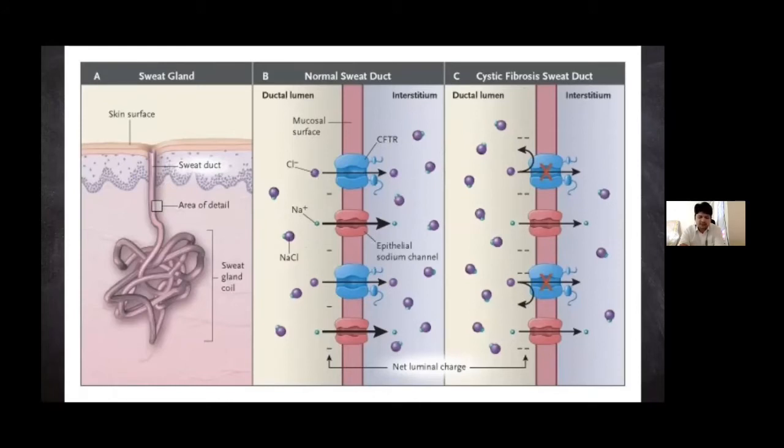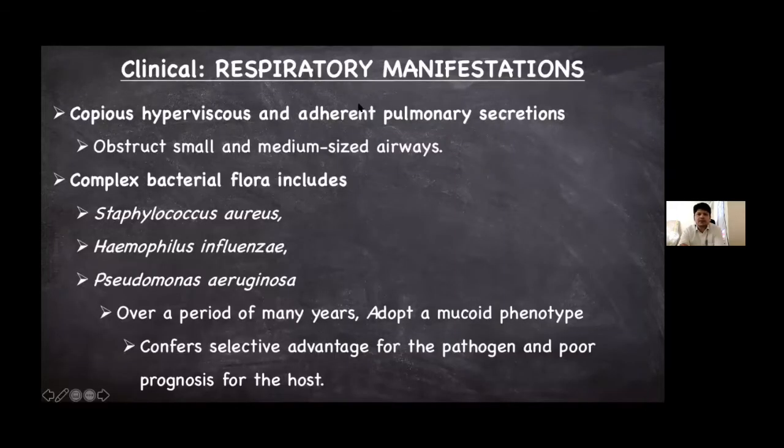Okay, so what are the clinical manifestations which come? We know from the very start of MBBS that cystic fibrosis is predominantly a respiratory disease. Along with that, it can have extra-respiratory manifestations also. So first, let us see the respiratory manifestation. In respiratory, it causes airway damage, in a way a bronchiectasis.